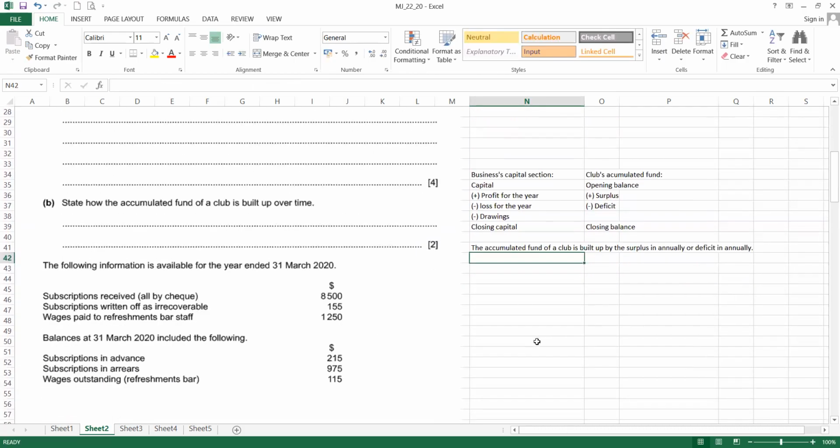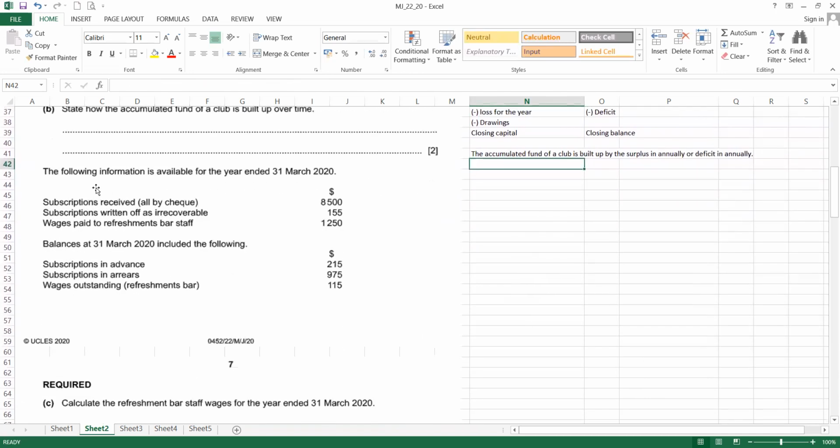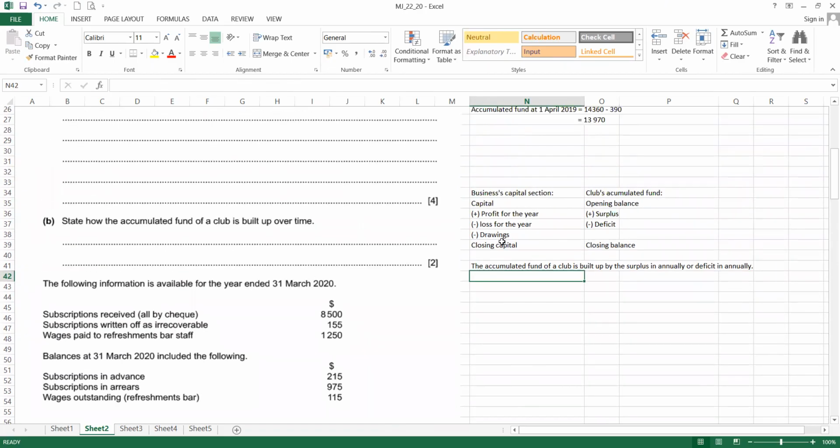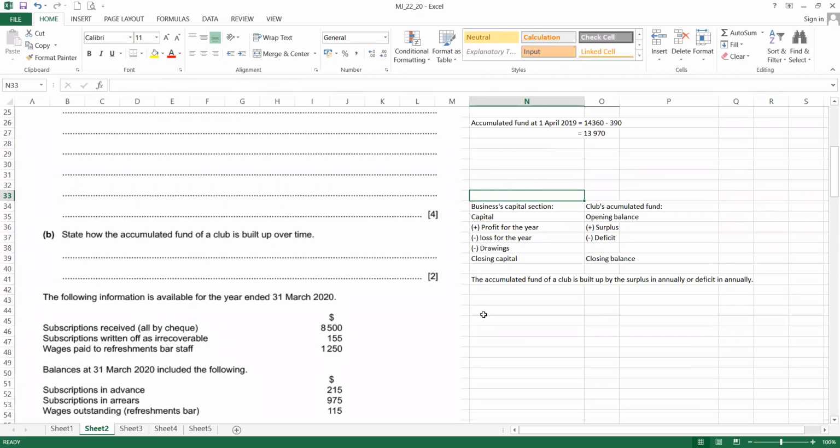Okay, now let's move on. The following information is available. Since I want to share another one under the accounting equation so that you have more information about this: under the accounting equation, we talk about capital equals assets minus liabilities. Same thing here.